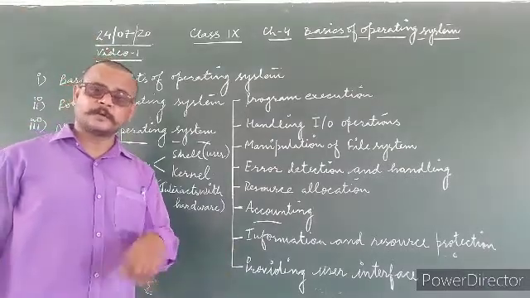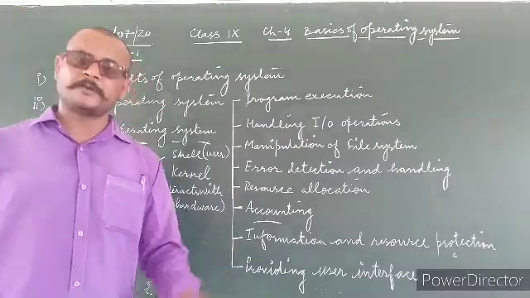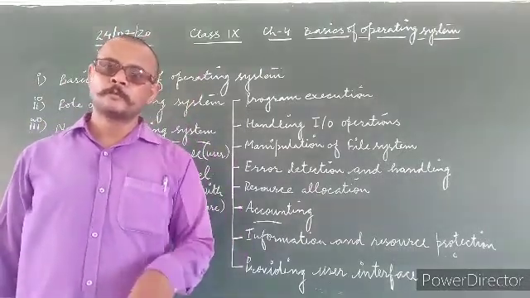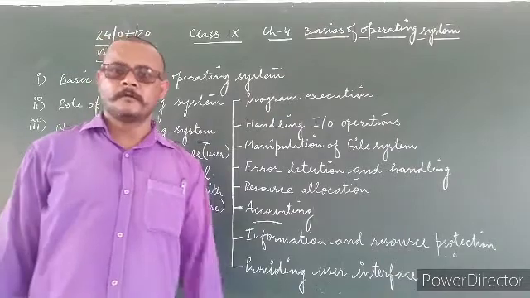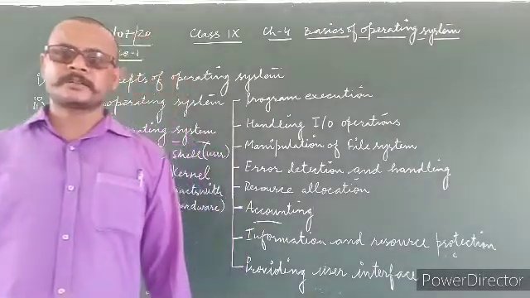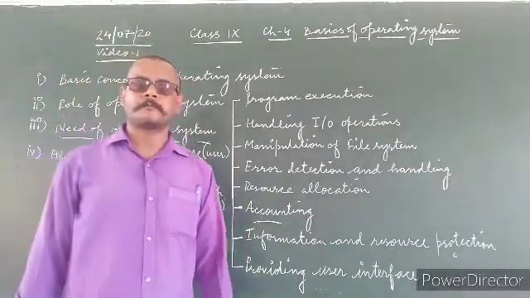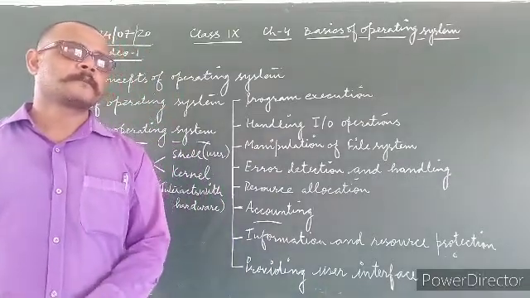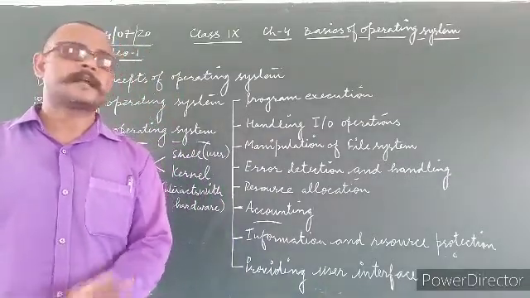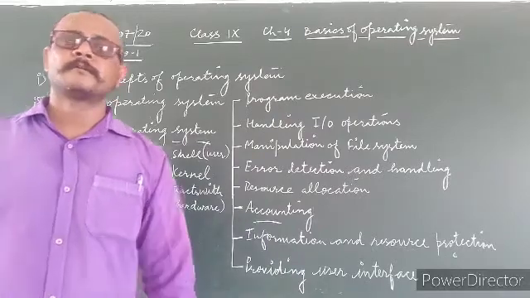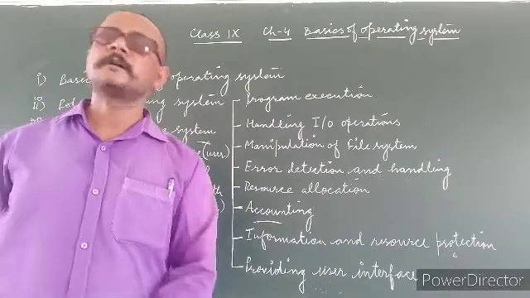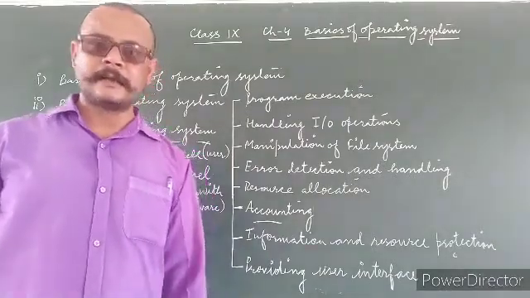Whatever work is given to the computer is handled by the operating system. The operating system decides what to do with that instruction. Then it performs the desired function, task, work, or activity on that instruction, and the results are given to the user as an output.